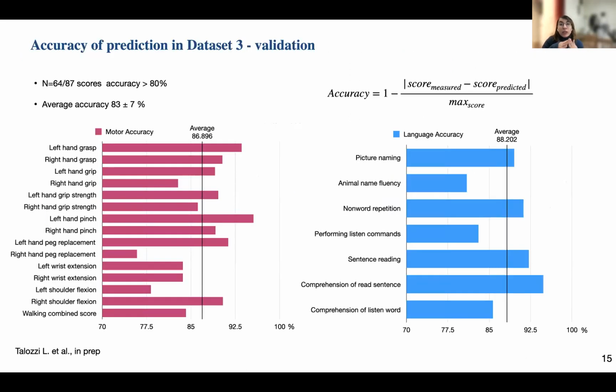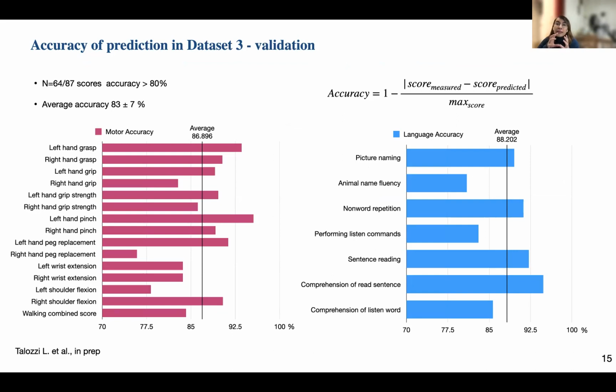And we did this with dataset 3, so importing new patients. And here I reported an accuracy score to see how accurate the formula prediction was. In this score, we evaluated the error, so the difference between the measured score and the predicted one.